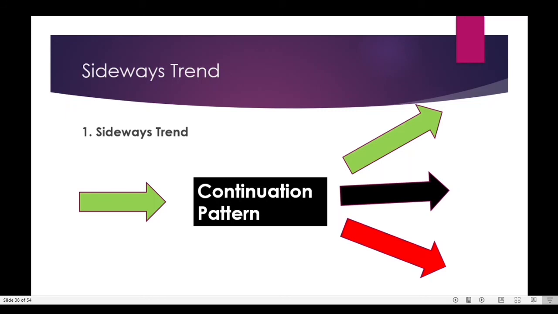Then all of a sudden we see a bullish confirmation candle, and it could continue trading sideways, or it can decrease or go down. The stock price could start going down, and ultimately we're losing money on this trend. So again, we want to trade trends that are in our favor.